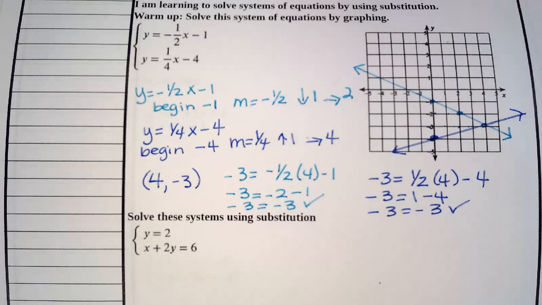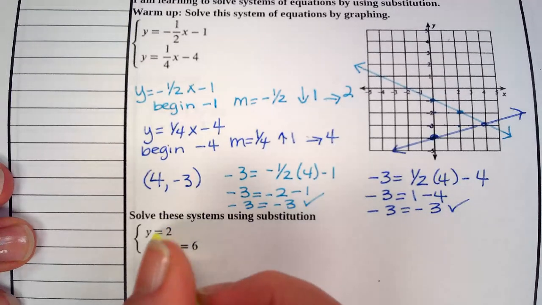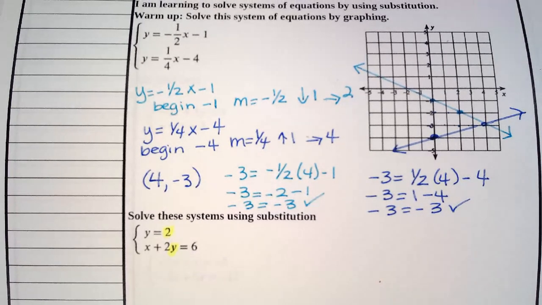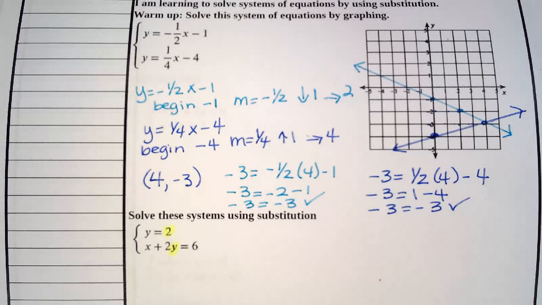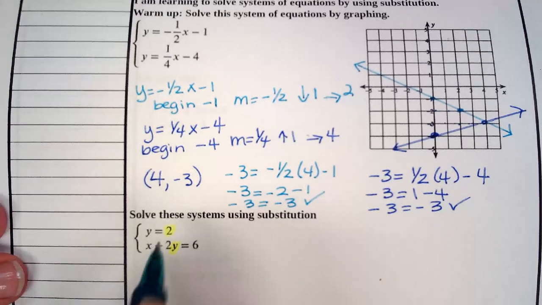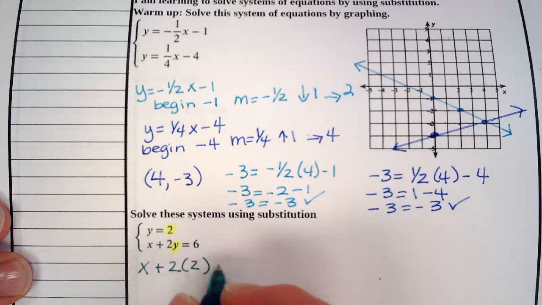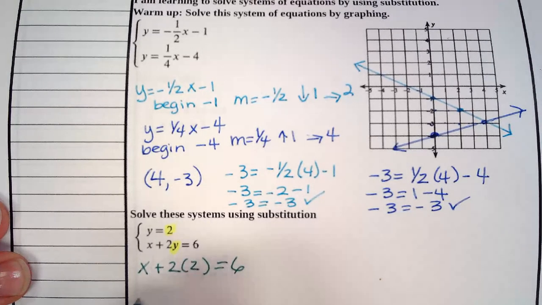a true statement. On the next one, if you look, we are given y. Where does it go in the other one? It goes right there. So I'm going to substitute 2 in for y and solve. X plus 2 times 2 is equal to 6.